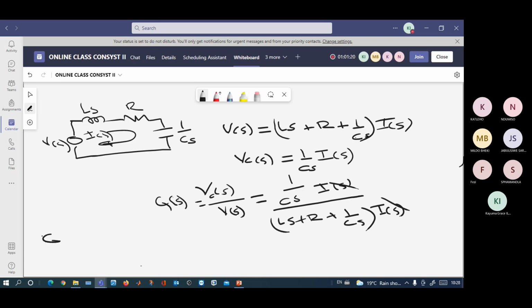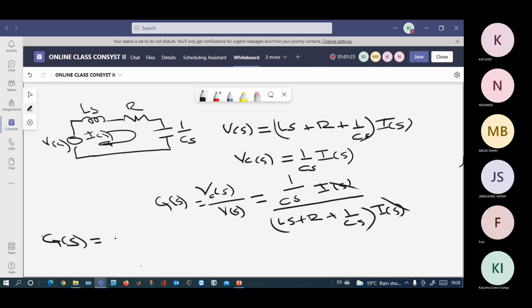So G of S is equal to VC of S over V of S, which is now simple.